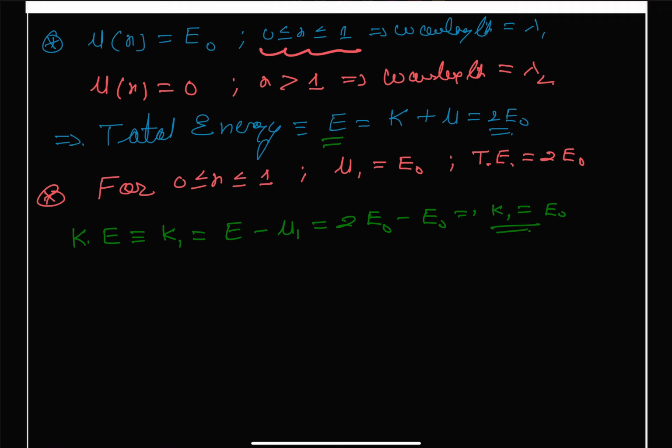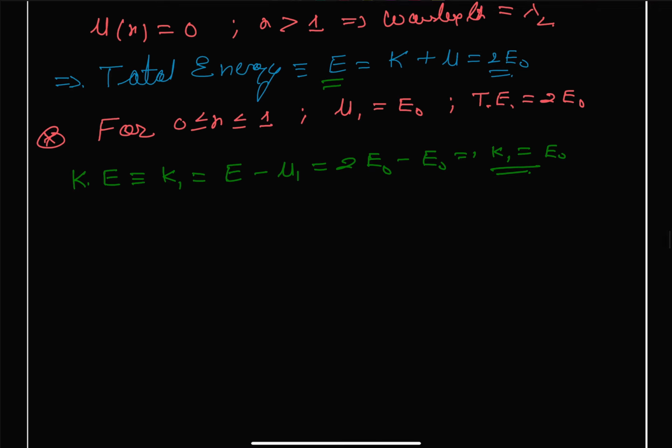From here we can easily find the de-Broglie wavelength, that is lambda. Here lambda 1 is equal to h upon the momentum p1, and we can write this as h upon the square root of 2m times K1, using the relationship between momentum and kinetic energy. K1 is our E naught.